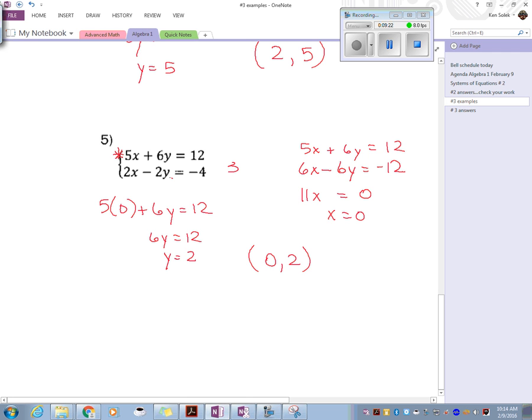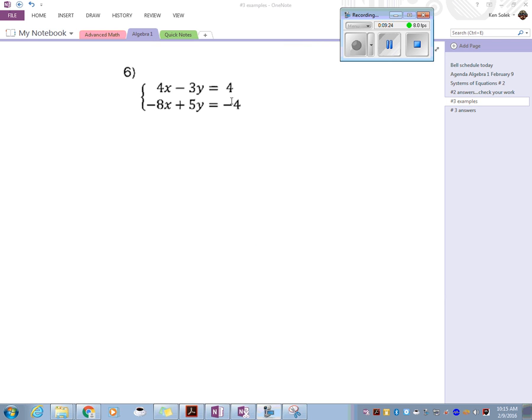Multiply the first equation by 2, so the x's cancel out. If you have not started yet, multiply the first equation by 2 to get started. What happens if I multiply this equation by 2, I get 8x minus 6y equals 8.